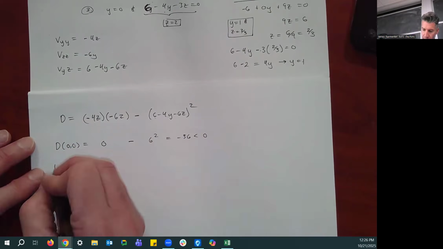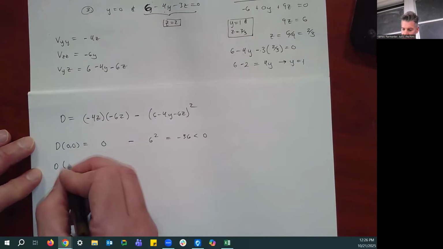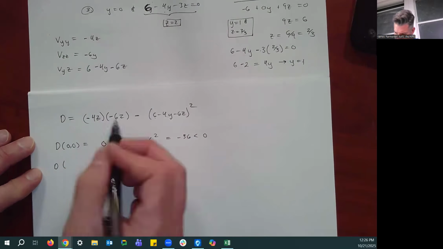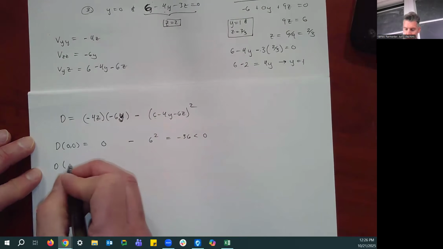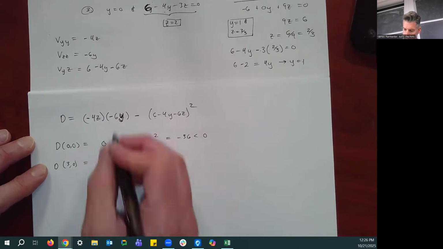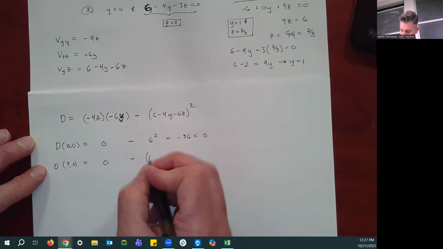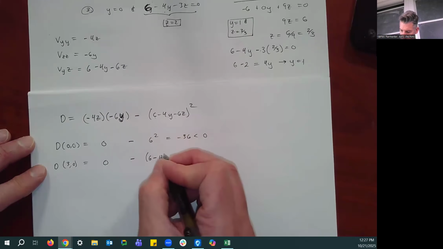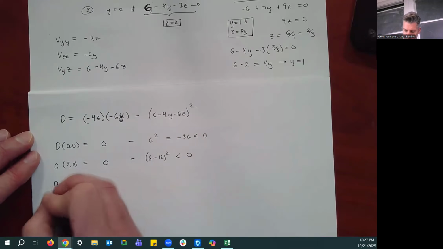If we plug in 3 for y, 0 for z, it's going to be 0 times it doesn't matter, minus 6 minus 12 squared. Still going to be negative. Still getting a saddle. We probably get a saddle for the other one as well.